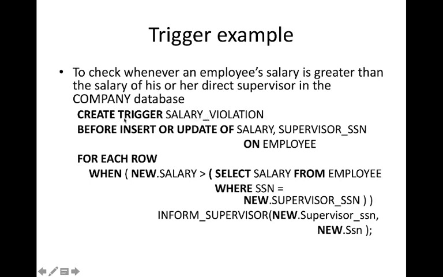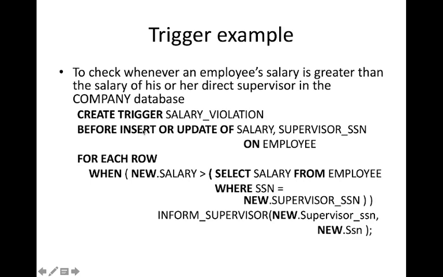So create trigger is the command that will be used. Salary violation: when that salary violation occurs, the salary violation procedure will be called. When should this be called? Before we insert or update the salary.